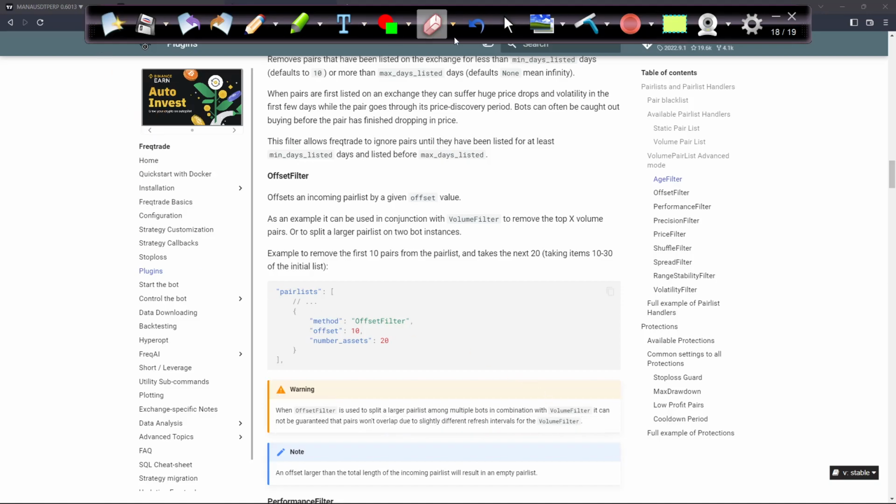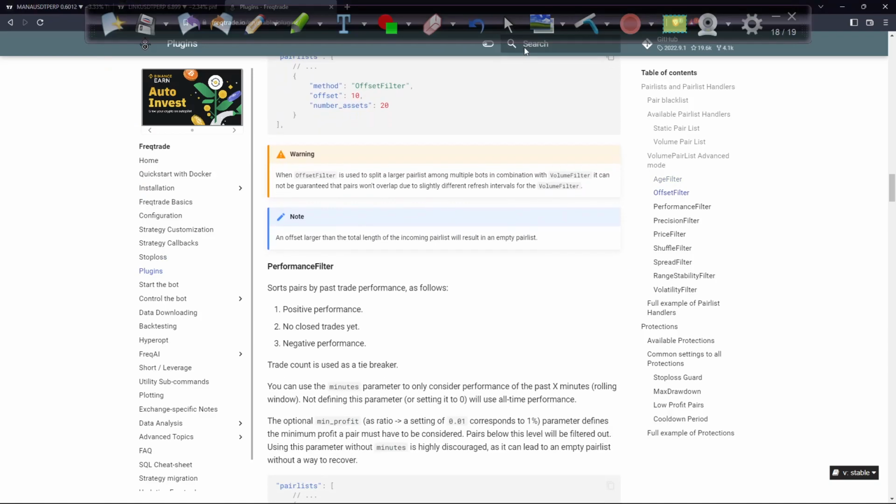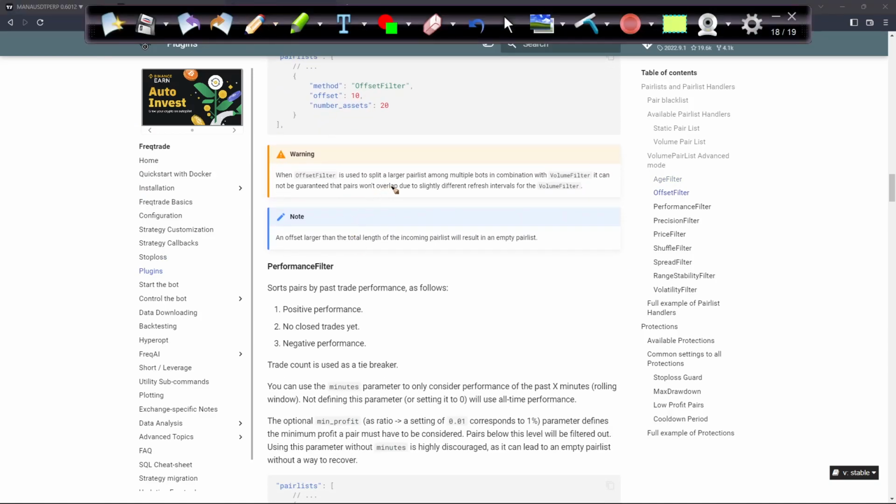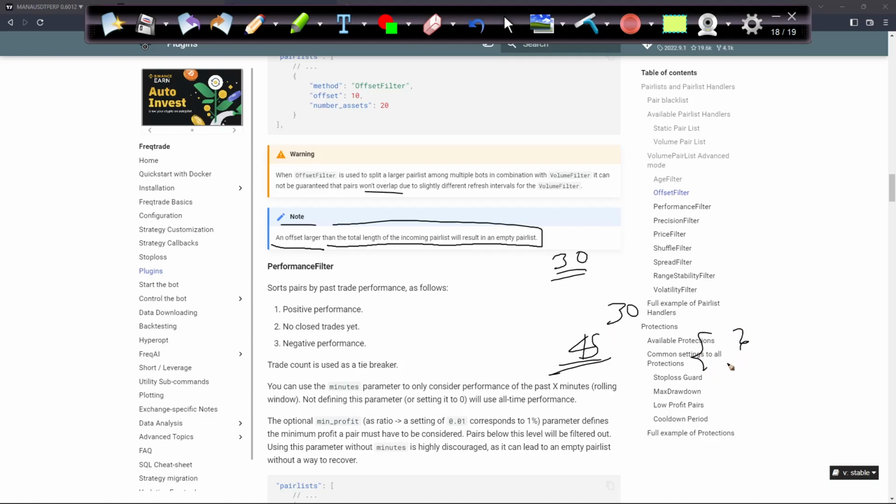So it's quite tricky, there will be overlap basically of coin pairs. All right, note that an offset larger than the total length of the incoming pair list will result in an empty pair list. So if we have a 30 pair list and we are passing an offset of 45, it will return an empty pair list.